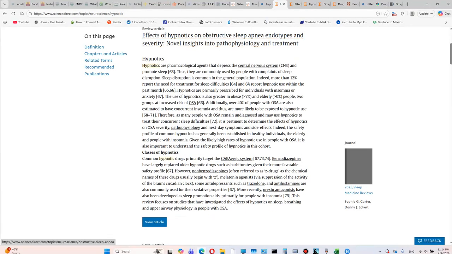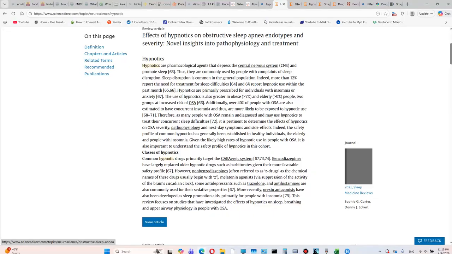Resuming the reading. Additionally, over 40% of people with OSA are also estimated to have concurrent insomnia and thus are more likely to be exposed to hypnotic use. Footnotes 68, 69, 70, and 71.